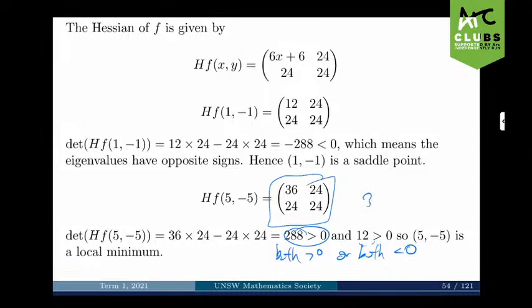The trace is positive, and so the sum of the eigenvalues is positive. They have to both be positive to have a positive sum. If they're both negative, they'll have a negative sum. So both eigenvalues are positive, and this matrix is positive definite, and we have a local minimum.